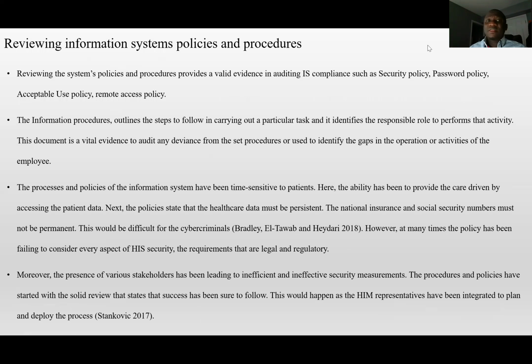So when we get evidence, it's important to review all the procedures. By so doing, we will be able to identify where there is a problem and who is responsible for that.